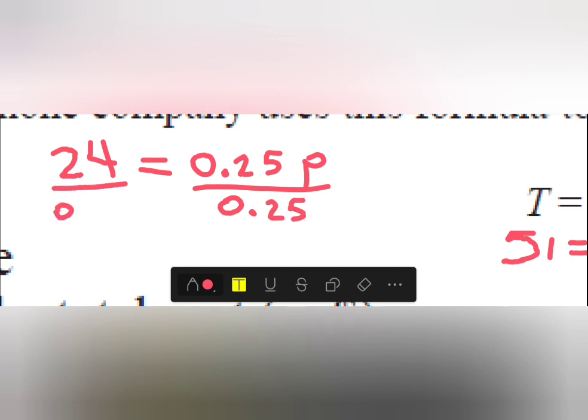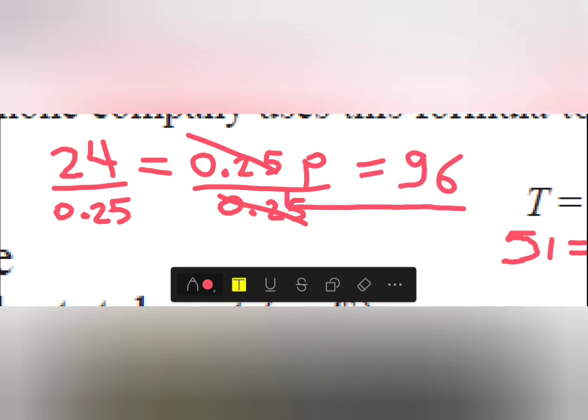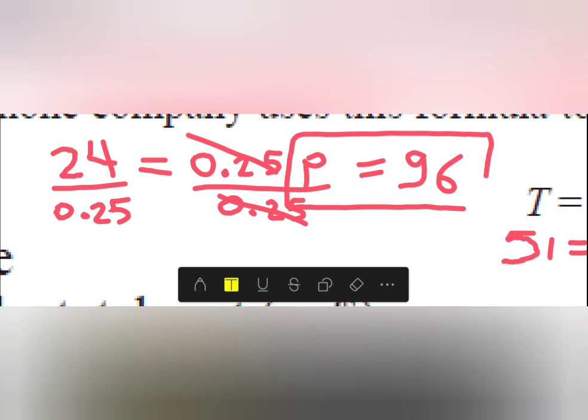It's the same idea. So I divide both sides. This goes with this. So now p is alone. 24 divided by 0.25 equals 96. So p equals 96.